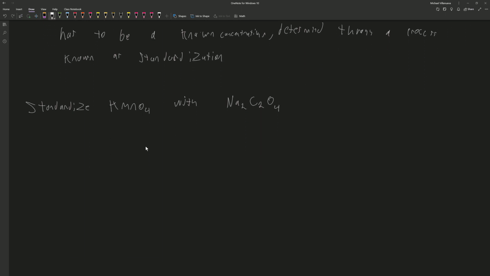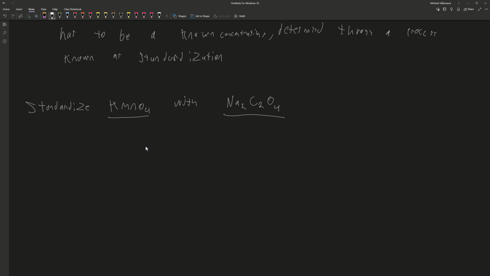So the idea here is we are going to prepare a solution of KMnO4 at what we think is a known concentration, and then we are going to react it with Na2C2O4 to determine the exact concentration of that KMnO4.